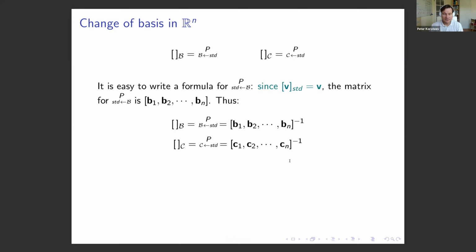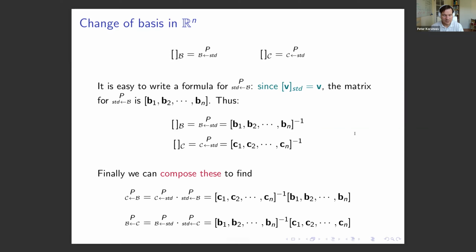So this map bracket B would be the matrix of change of basis from standard into B, which, by the previous discussion, amounts to inversion of this matrix over here. So we need to take the matrix of components b_1, b_2, and so on, and invert it to get the desired matrix. And the same is true for the operation bracket C.